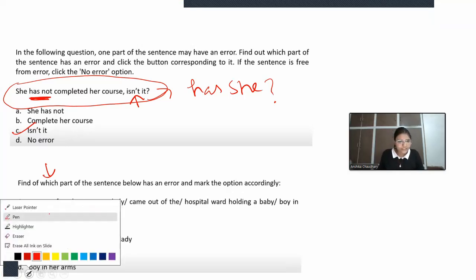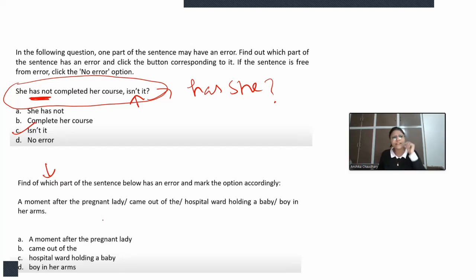See, I can see everything is fine here, but the error is in a moment after the pregnant; it should be a moment later, right? After some time, a moment later, the pregnant lady came out of the hospital ward holding a baby boy in her arms. So, a moment later will be the correct replacement for this error. So, the error lies in the first part.